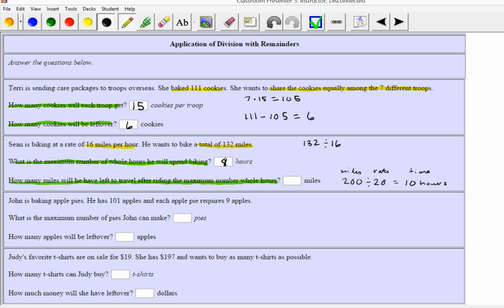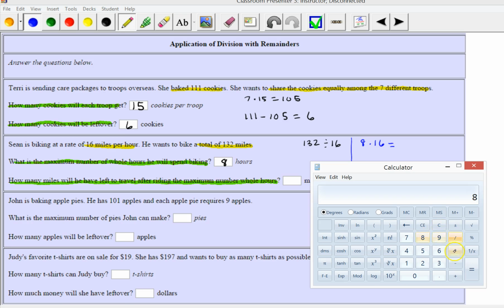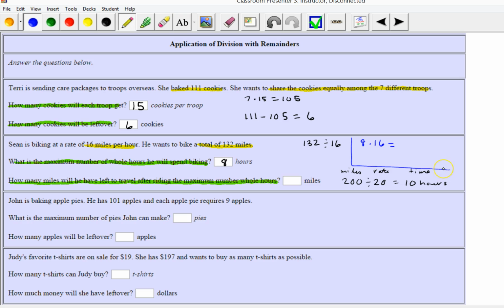Okay, now let's see how many miles he has left to drive or ride. Let's change colors. Okay. Well, if he went 8 hours at 16 miles an hour, let's see how many miles that would be. So 8 times 16 is 128 miles.